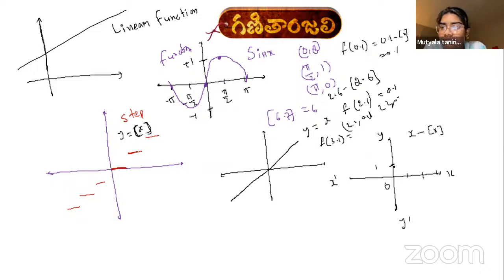Right. So if we draw the graph for this, f of 0 is 0. F of 0.1 is 0.1 only. F of 0.2 is 0.2.